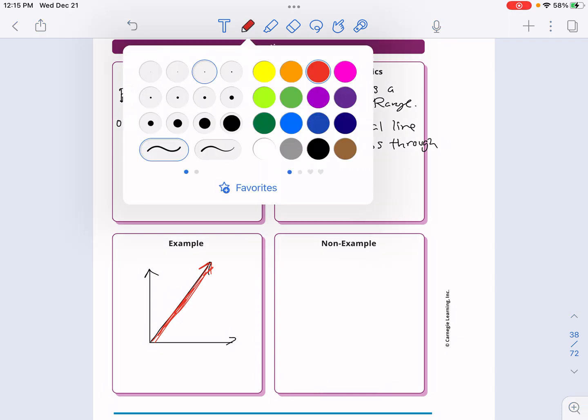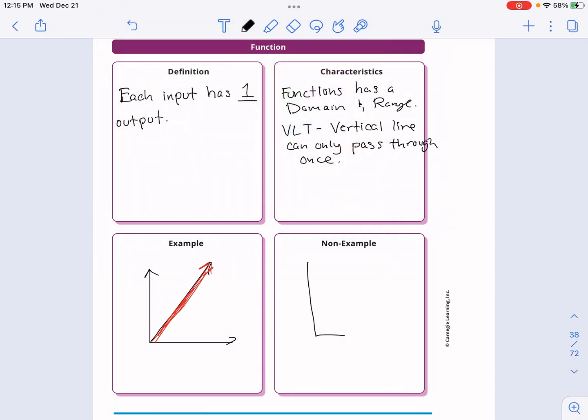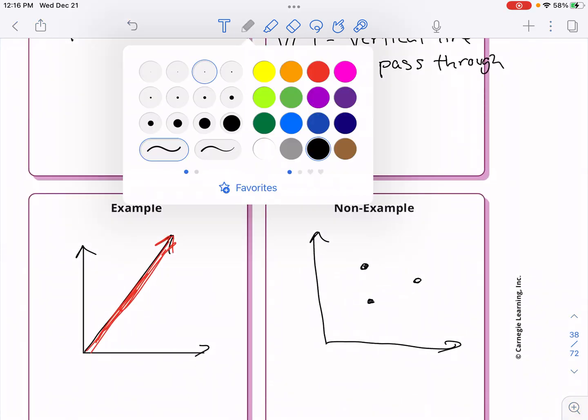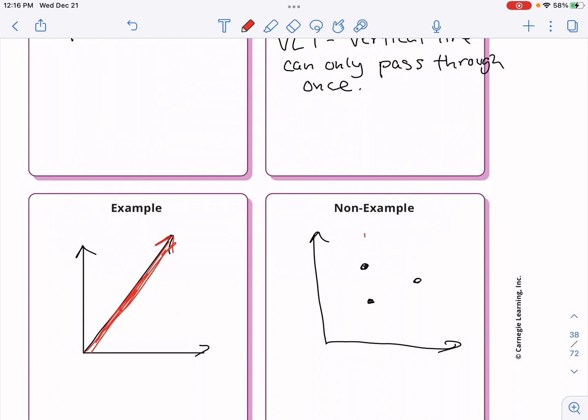An example of something that is not a function, let's say we have this point here, and this point here. Would this be a function? This would not be a function, because if I have a vertical line through here, it would intersect this discrete graph, these 2 points, more than once. Okay, so this is just one example.